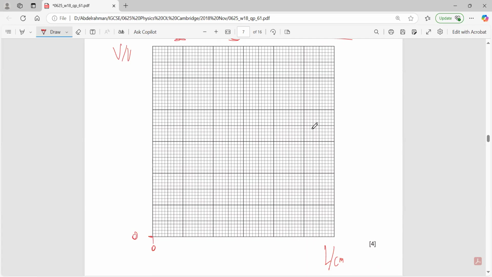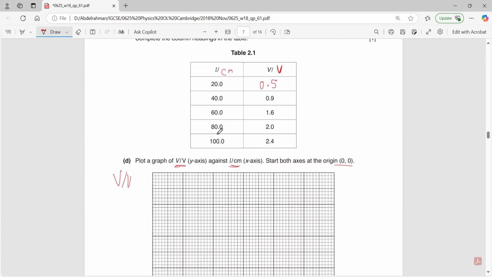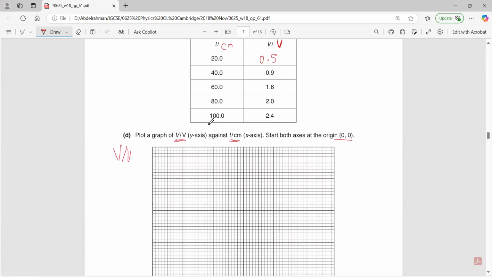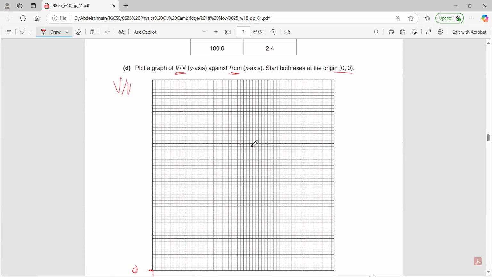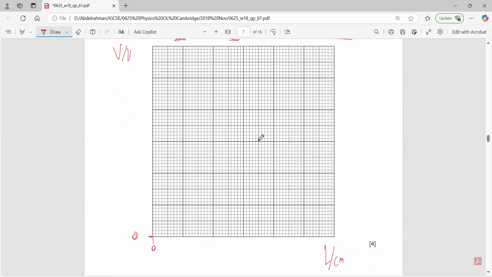We need to put down numbers. Voltage would be 0.5, 0.9, and 1.6. Definitely, we cannot write down these exact numbers. We could write down 0, 0.5, 1.0, 1.5, 2.0, 2.5.